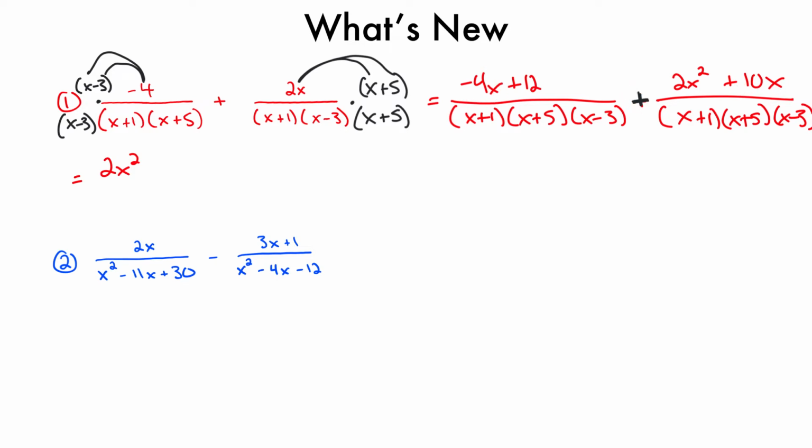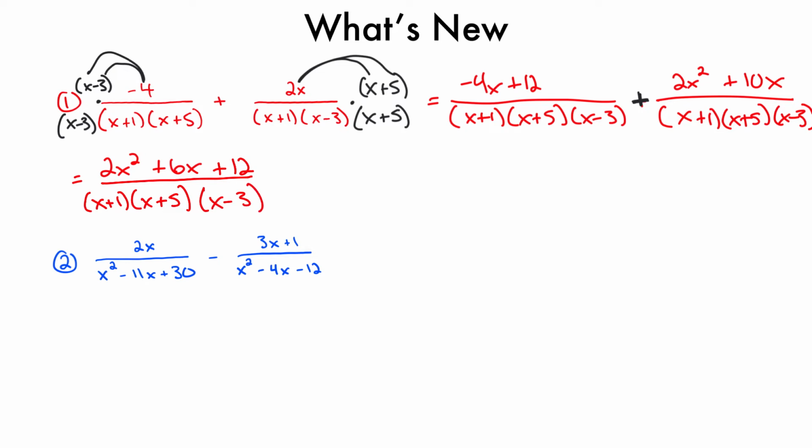Negative 4x plus 10x is equal to positive 6x. And then we have a positive 12, and no constants over here, so it's just going to be plus 12. And here's the annoying part about these problems: I have to copy and paste the denominator. x plus 1 times x plus 5 times x minus 3.